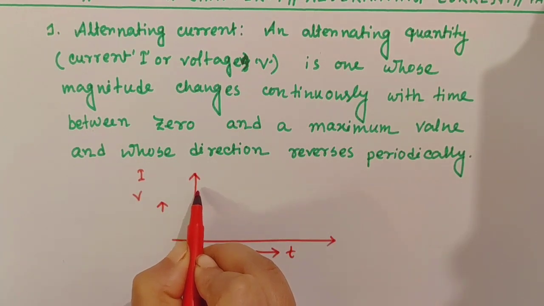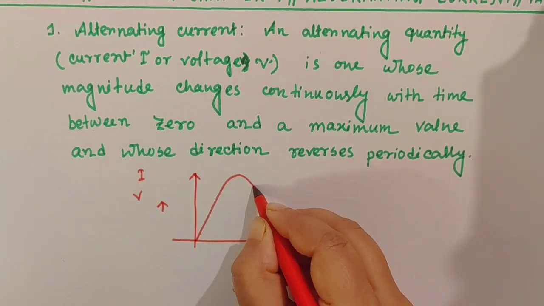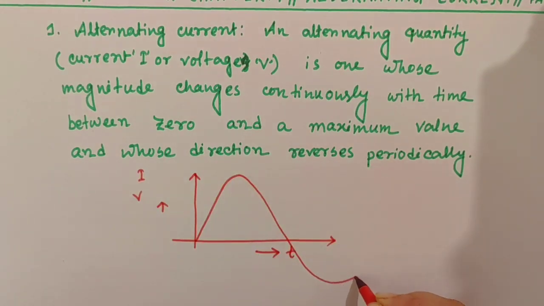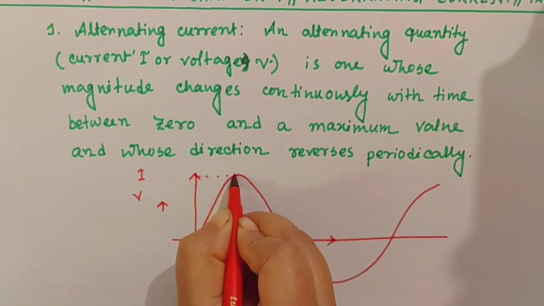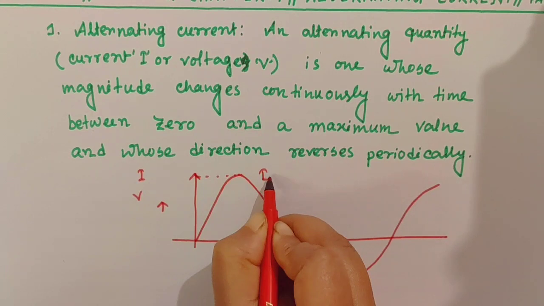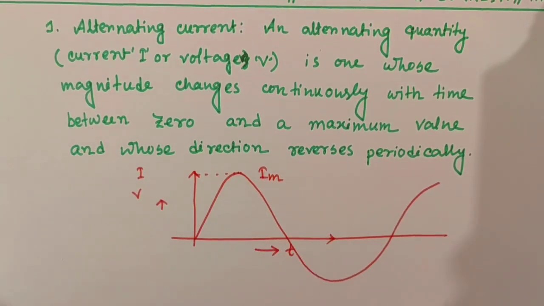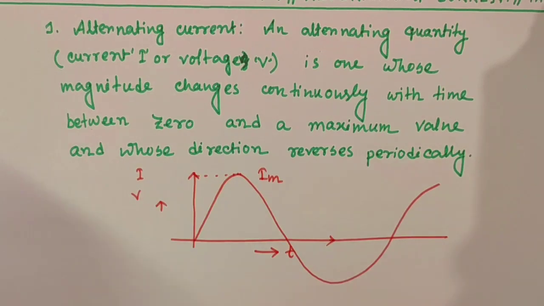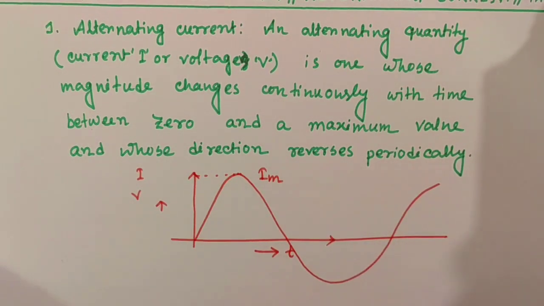I am drawing for current first. So we will get this type of characteristics. Suppose this one is for current. So this value is maximum. We are writing this by Im. Im means maximum. So this is the value for current.